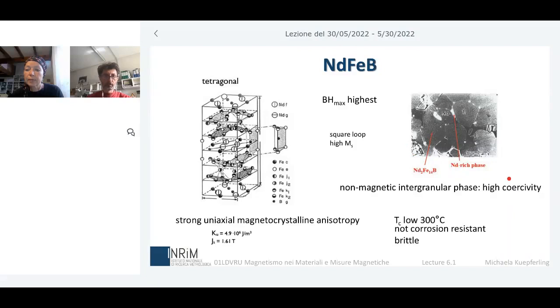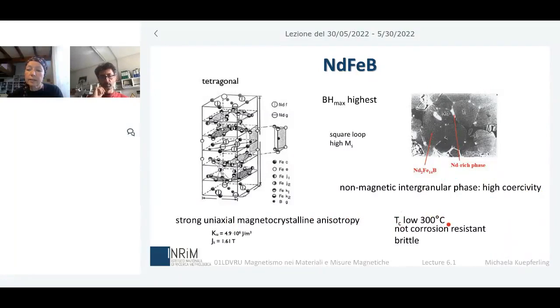Again, here we have non-magnetic intergranular phases, which cause, additionally to this uniaxial magnetocrystalline anisotropy, a pinning of domain walls, and therefore we have a very high coercivity.